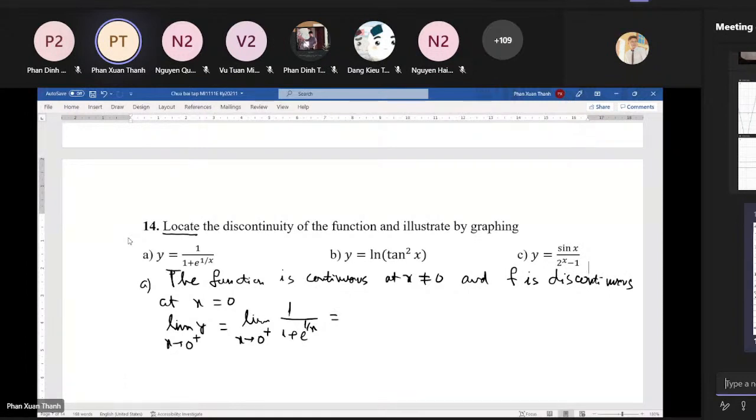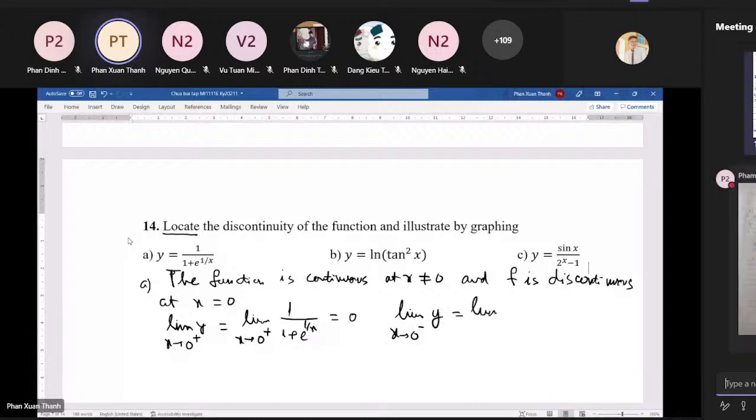Okay, and the left-hand limit, from the left, equals the limit as x approaches 0 from the left of 1 over 1 plus e to the power 1 over x. When x approaches 0 from the left, e to the power 1 over x approaches 0. So it equals 1.